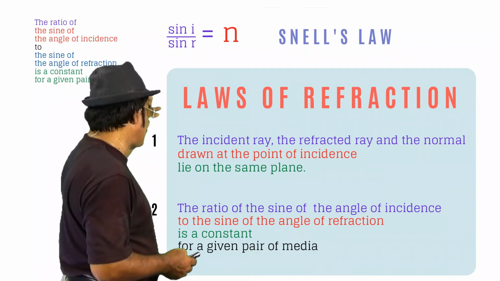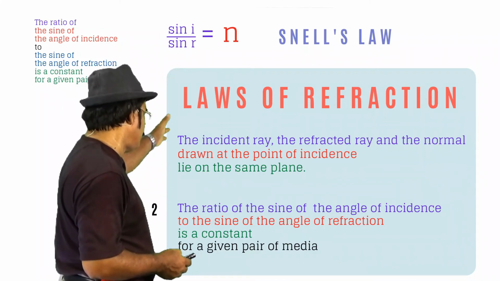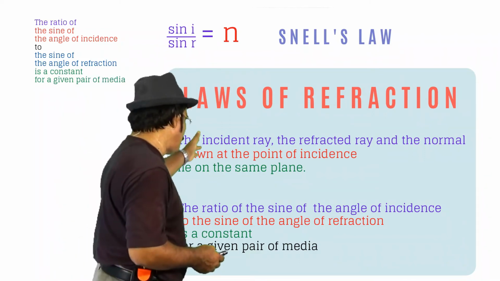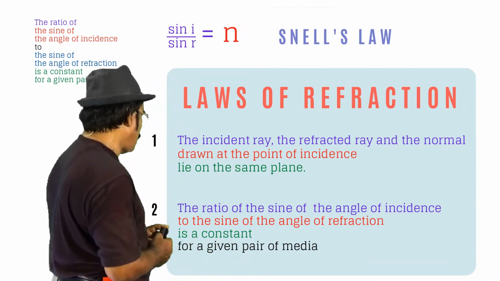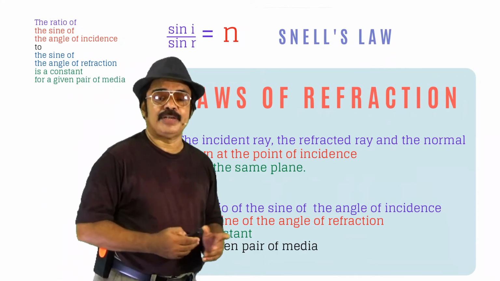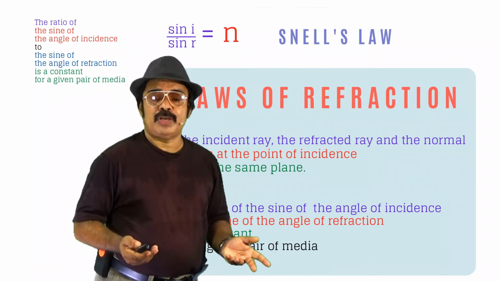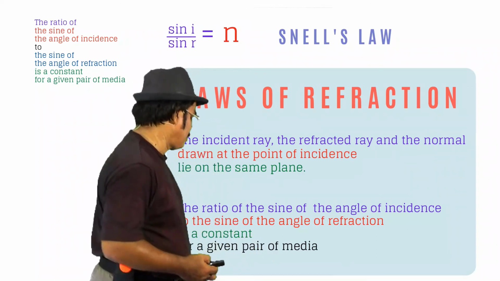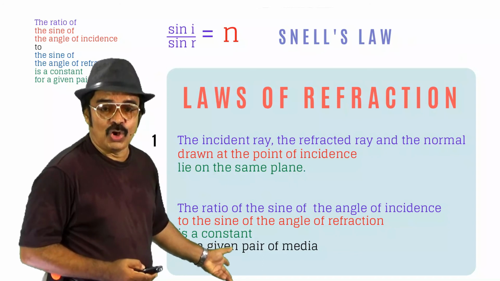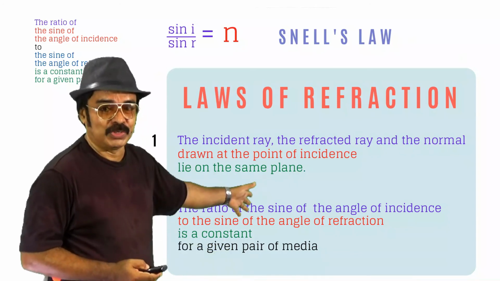The ratio of the sine of the angle of incidence to the sine of the angle of refraction is a constant for a given pair of media. That is a law. That is what we call Snell's law. That is the second law of refraction. We are talking about laws of refraction.